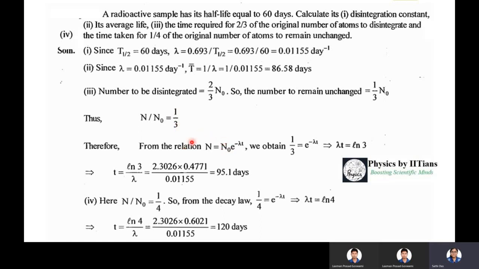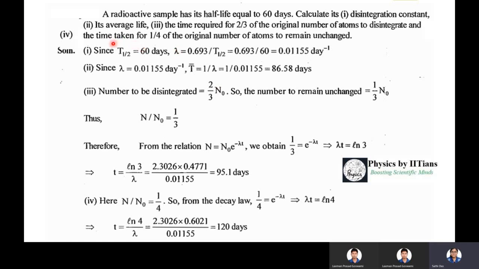Now consider the formula for radioactive decay, n equals n naught e to the power minus lambda t. Writing n by n naught as 1/3 equals e to the power minus lambda t, and putting in the value of lambda, you get lambda t equals ln 3. So t equals ln 3 by lambda. Putting in the values, you get 95.1 days.